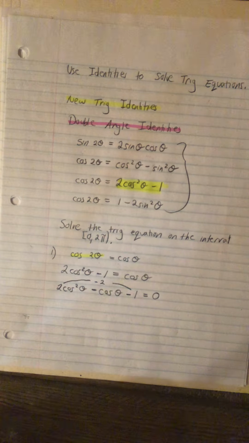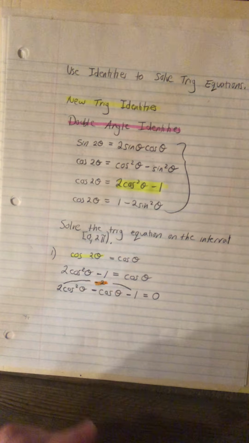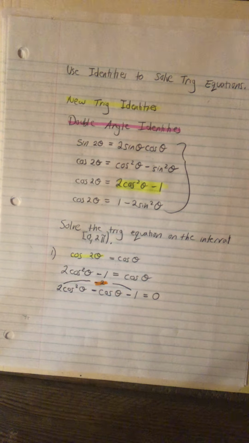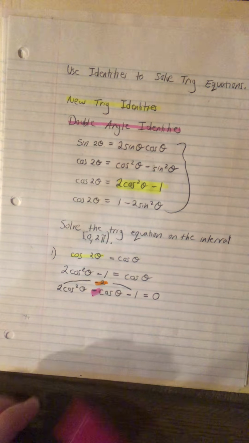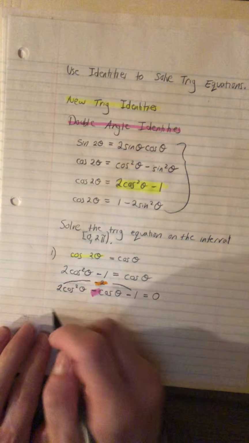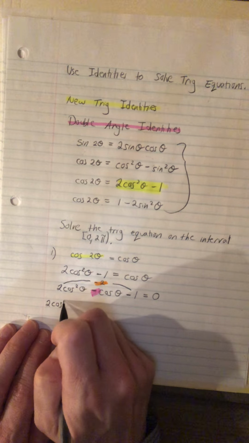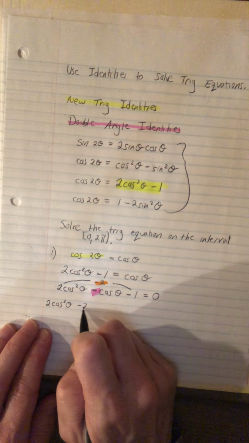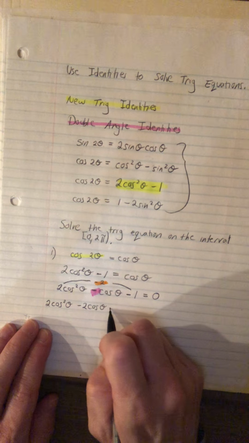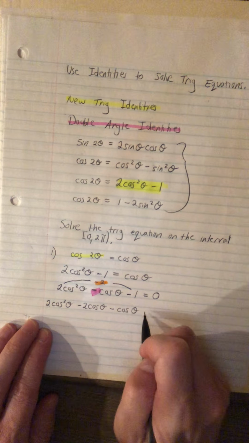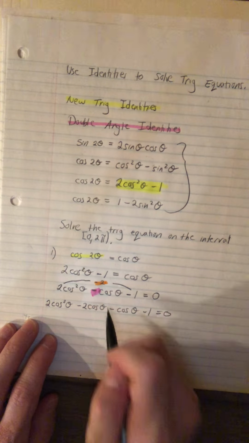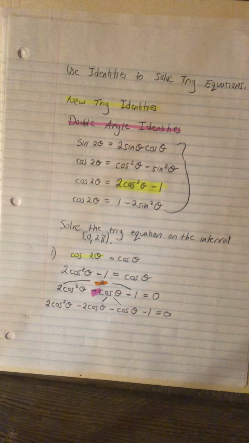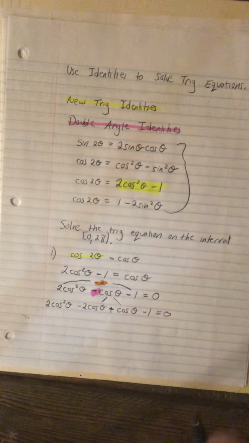And then I ask myself what multiplies to negative 2 and adds to 1. And we know it's negative 2 and 1. So I can now break my middle 2 terms up into negative 2 cosine theta plus 1 cosine theta.